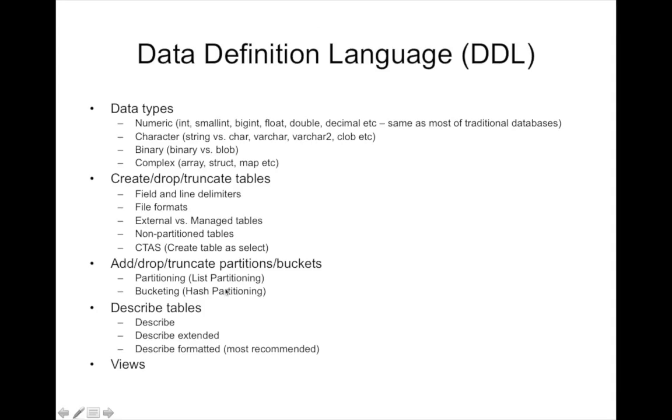Now going back to this presentation, there are non-partition tables. The examples which I have shown are non-partition tables. You can create a table using the create table as select command, which is called CTAS in short. You can also partition the tables by using partitioning and bucketing, and as I have shown you, you can describe the tables as well.